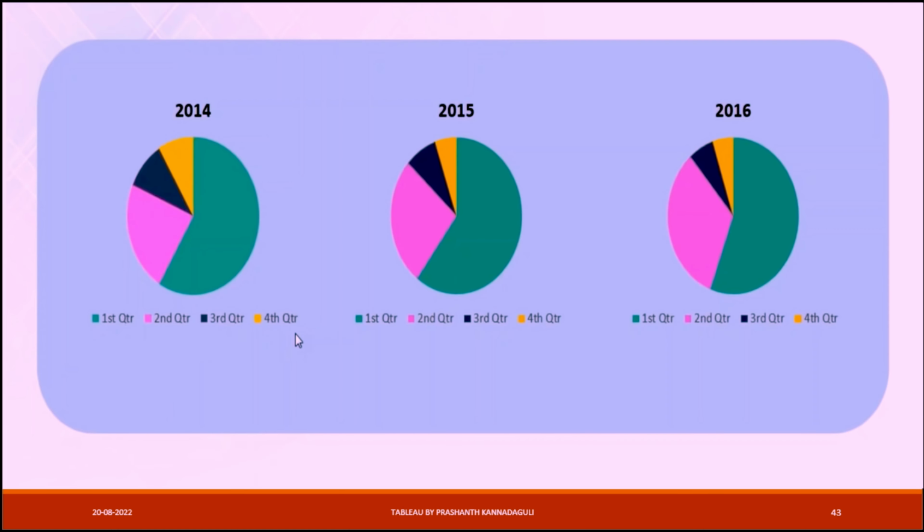So just see here. There are three different years of data, and the data has been plotted in the form of a pie chart. Maybe I can ask a question such as: the third quarter of which year gives you the highest profit?